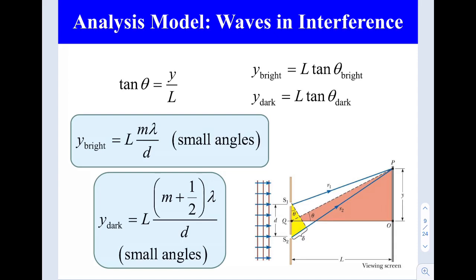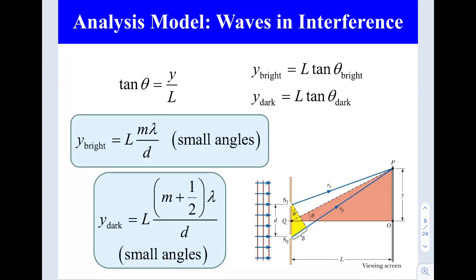So now we are going to observe the position on the viewing screen, which we symbolize as y. Let's say we examine point P. As we know, in the big triangle the angle theta must be the same as in the orange triangle where theta is here.